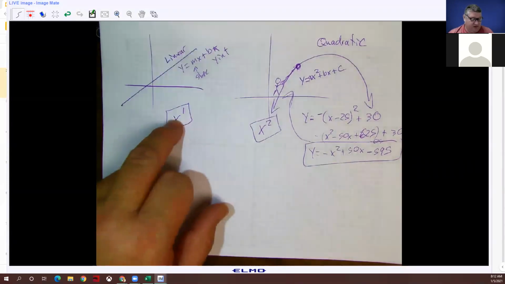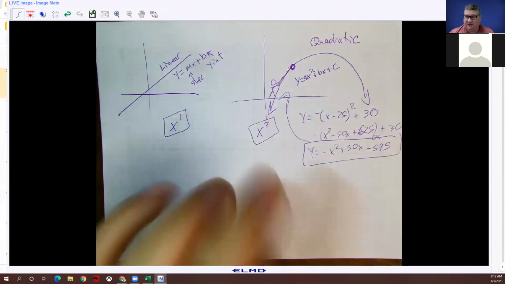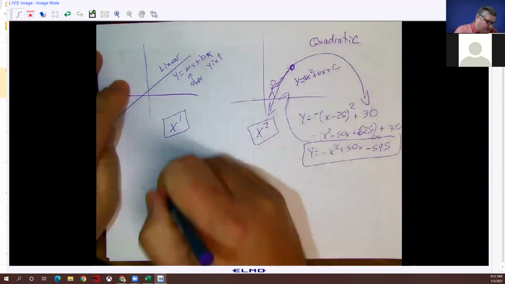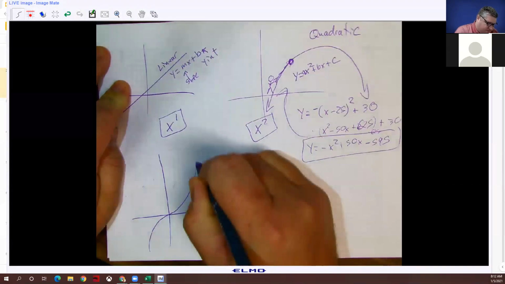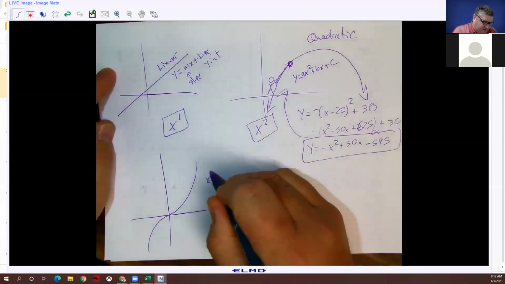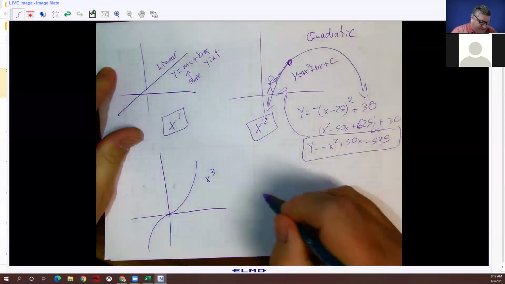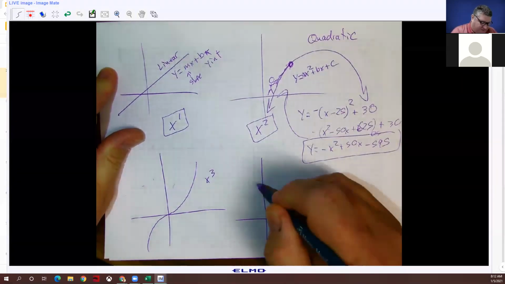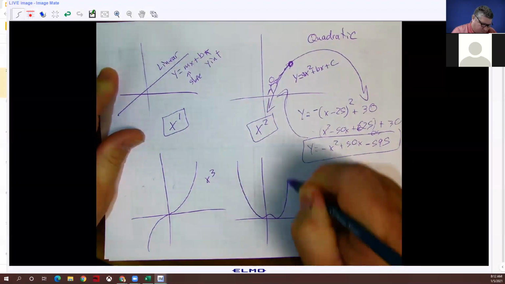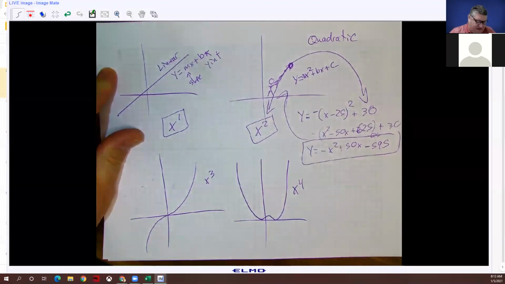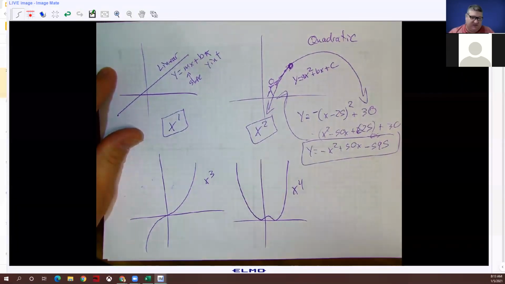Well, x1, x2, so x3. And so a cubic function is going to look like this, x cubed. Then after x cubed is going to be x to the fourth. Then we have something like x to the fifth, x to the sixth, x to the seventh, and so on and so forth.